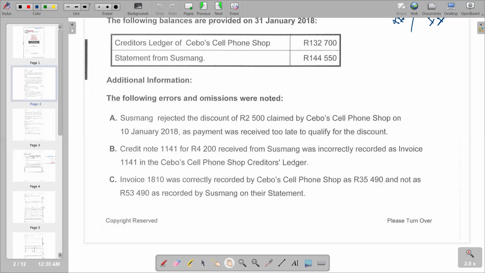What is being affected here is the creditors ledger, as it was recorded as an invoice instead of being recorded as a credit note in the books of Sable. So this one is affecting our creditors ledger.